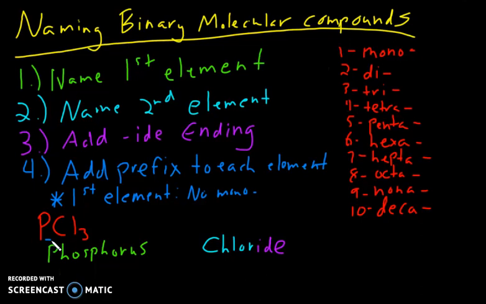For the chloride, though, we have 3 as our subscript. So we look over here and we see that tri is our prefix, and we put tri in front of our chloride. So our name for PCl3 will be phosphorus trichloride.